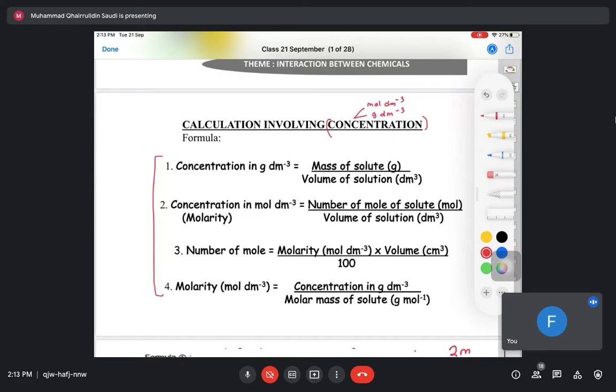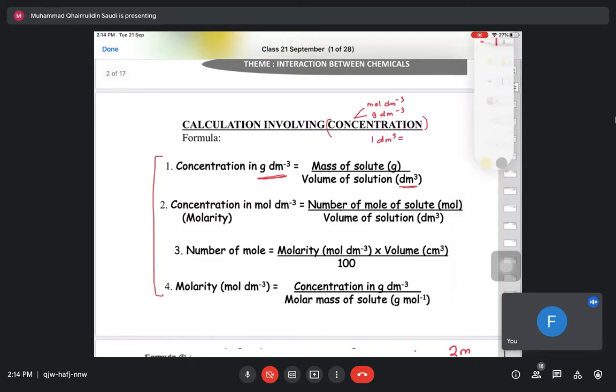So these four formulas. The first one is concentration in gram per dm cube, meaning you just take the mass of solid in gram divided by the volume of solution in decimeter cube. And we must remember, 1 decimeter cube is equal to how many centimeter cube?